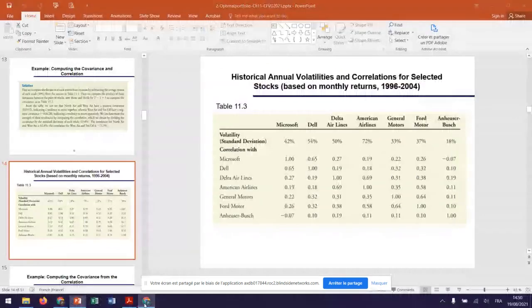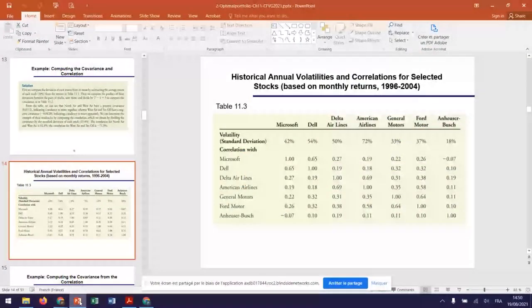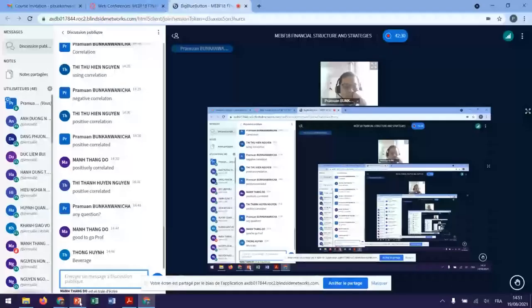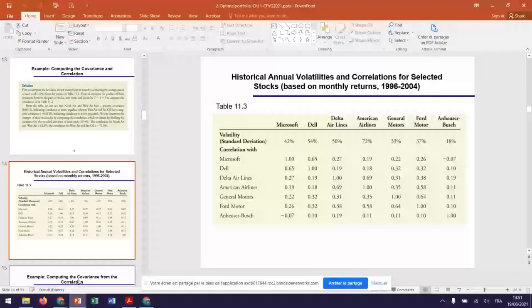What else do you observe from this? Let me check some people who can share your thoughts. I'm talking about the correlation.